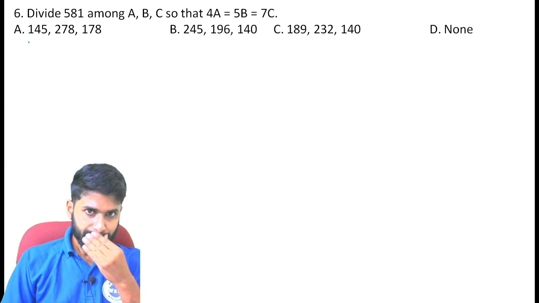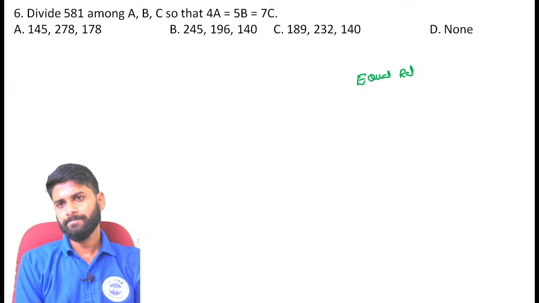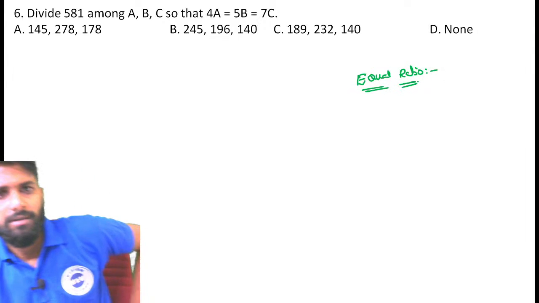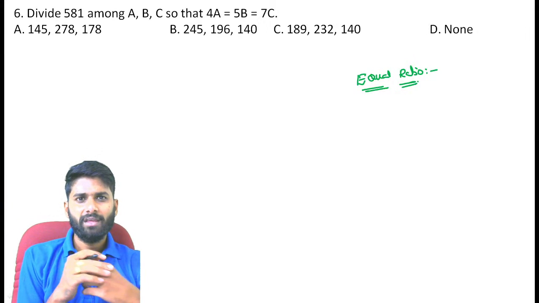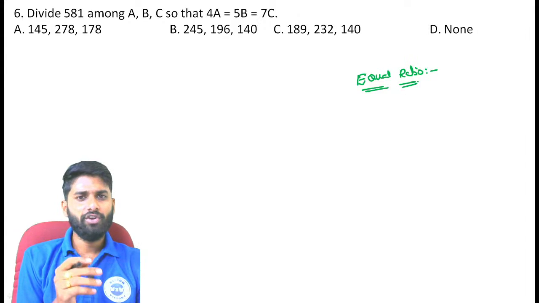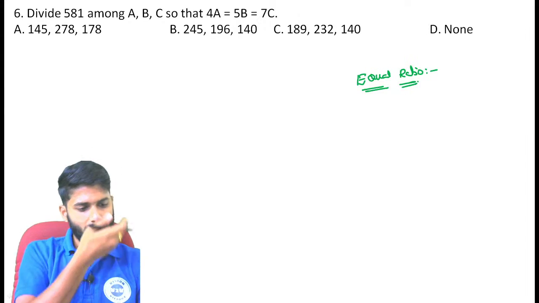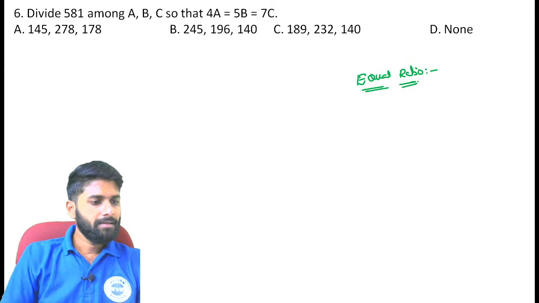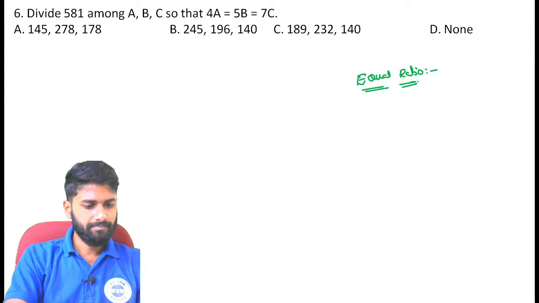Next one. This is the concept of equal ratios. Divide 581 among A, B and C so that 4A is equal to 5B is equal to 7C. Very good, Gopal Krishna. It is a question related to equal ratios.